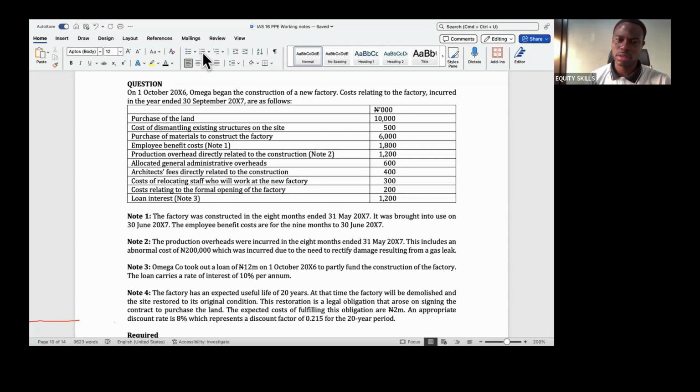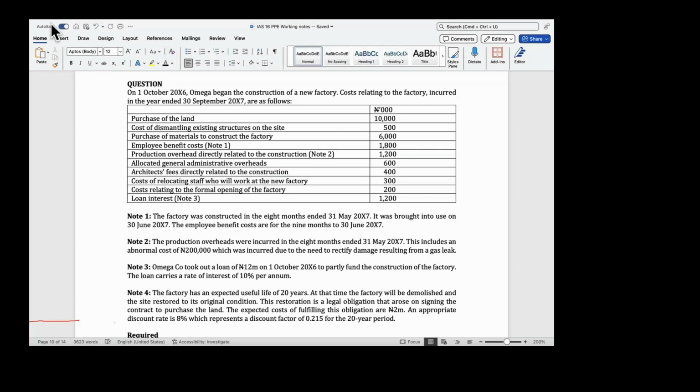On 1st October 20x6, Omega began the construction of a new factory. Costs relating to the factory incurred in the year ended 30th September 2007 are as follows. Purchase of land, 10,000. Cost of dismantling existing structure on the site, 500.